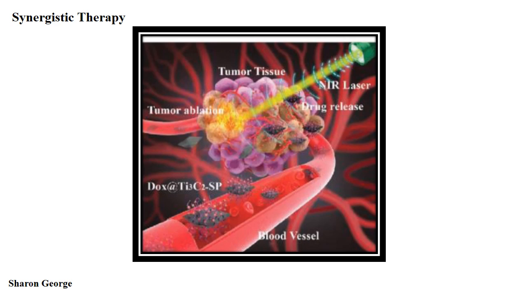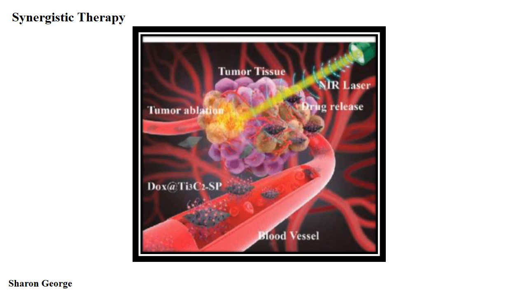By NIR, meaning an external NIR laser source, it can release the drug molecules and it can act as a photothermal agent. So both therapies are done at the same time. As a result, the effect is very different from the individual therapies. So for that we can use this 2D nanostructure.